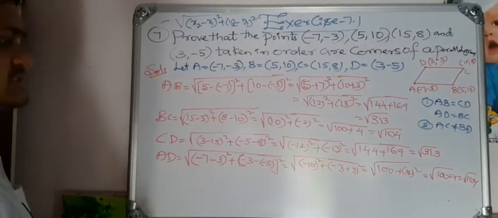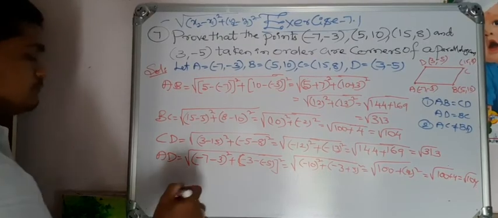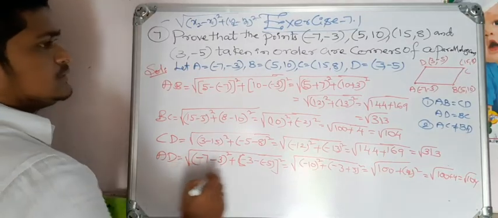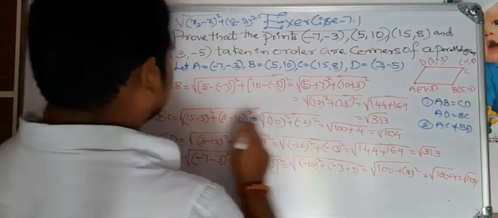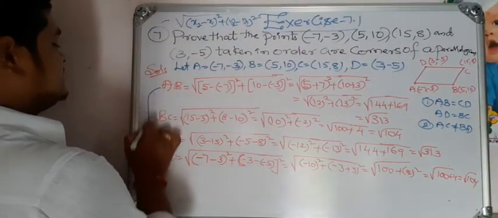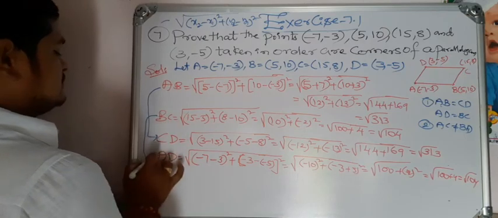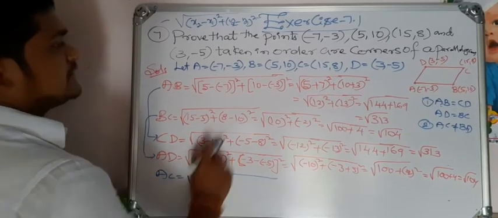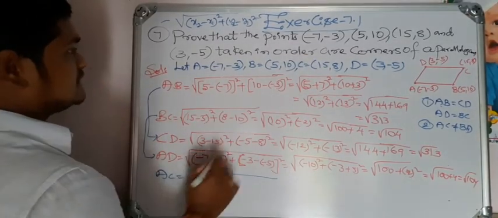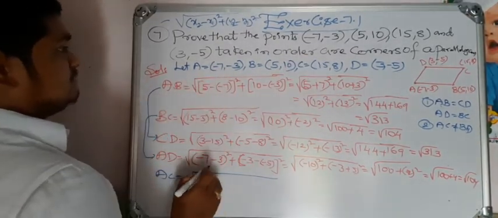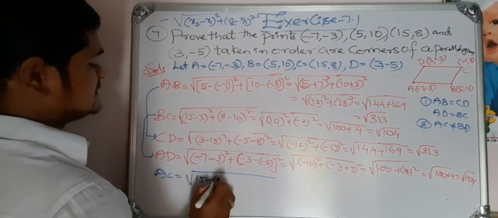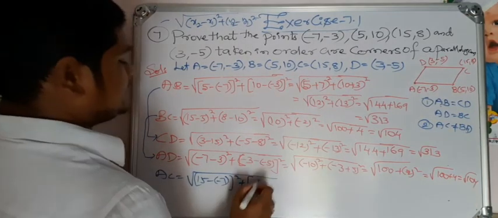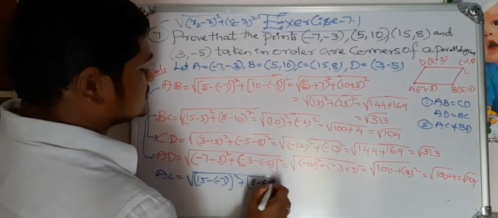Next, find the diagonals AC and BD. Already AB is equal to CD, these two are equal, and next BC is equal to AD. Now find AC and BD. AC, A means this point, this point, don't confuse, this one minus this one: (15 minus of minus 7) whole square plus (8 minus of minus 3) whole square.